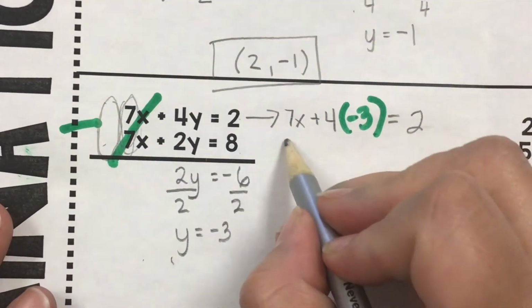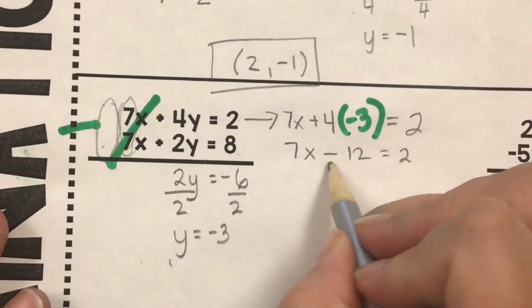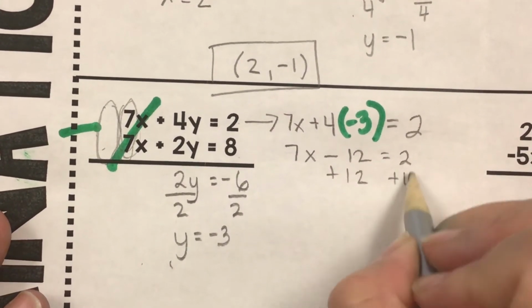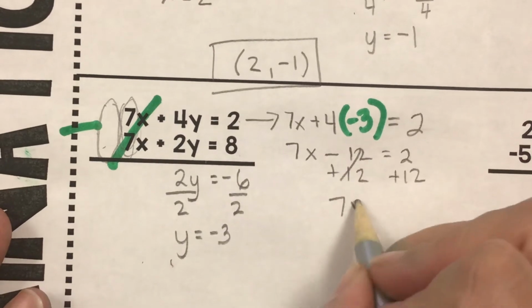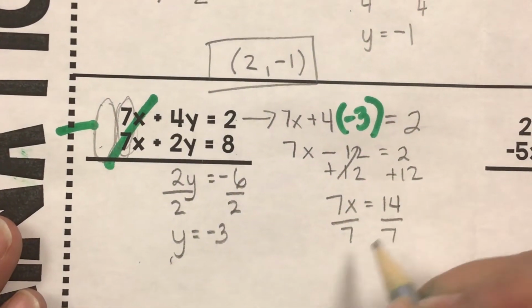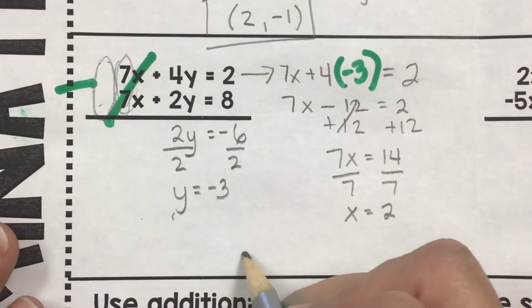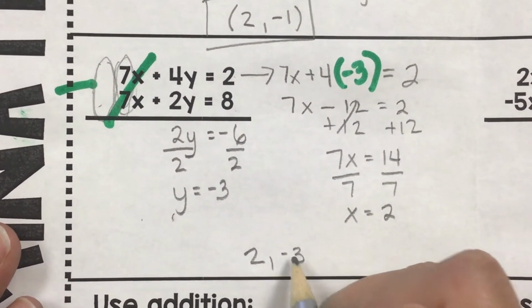We're going to solve for x. That's 7x minus 12 is equal to 2, plus 12 to both sides. 7x is equal to 14. Divide by 7 to both sides. X is equal to 2. And your final answer is the ordered pair 2, negative 3.